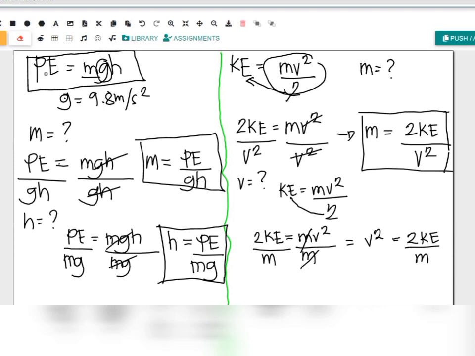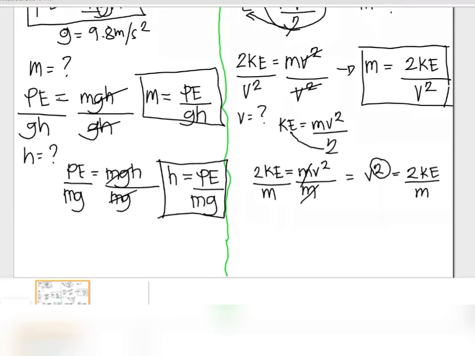However, this is not the formula yet because as you can see, naka-square pa siya. Kailangan lang natin is velocity. So, paano ba natin gagawin yan? Ang gagawin nyo lang is, v squared equals 2KE divided by m. Kunin nyo lang yung square root nito.